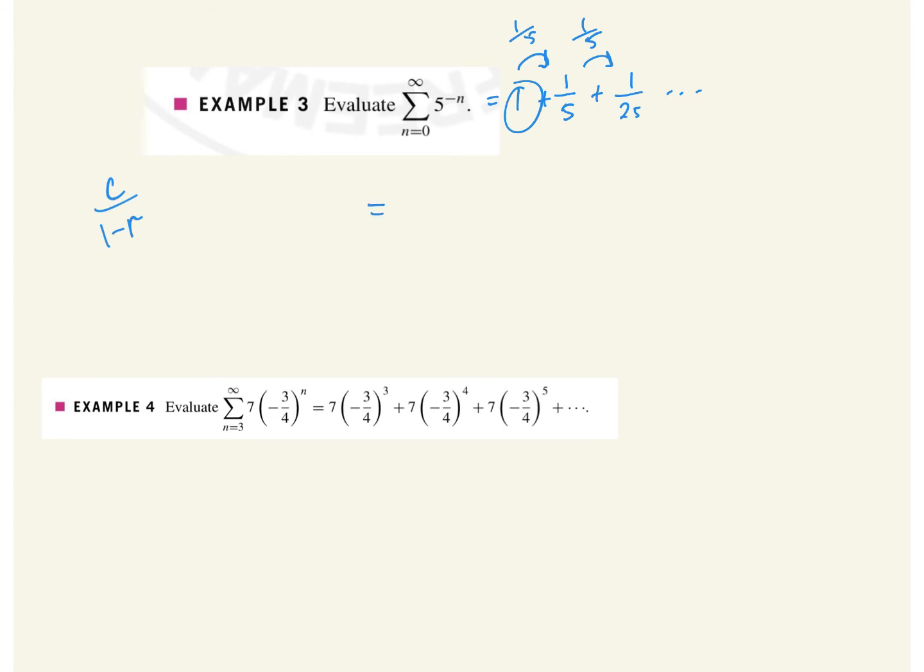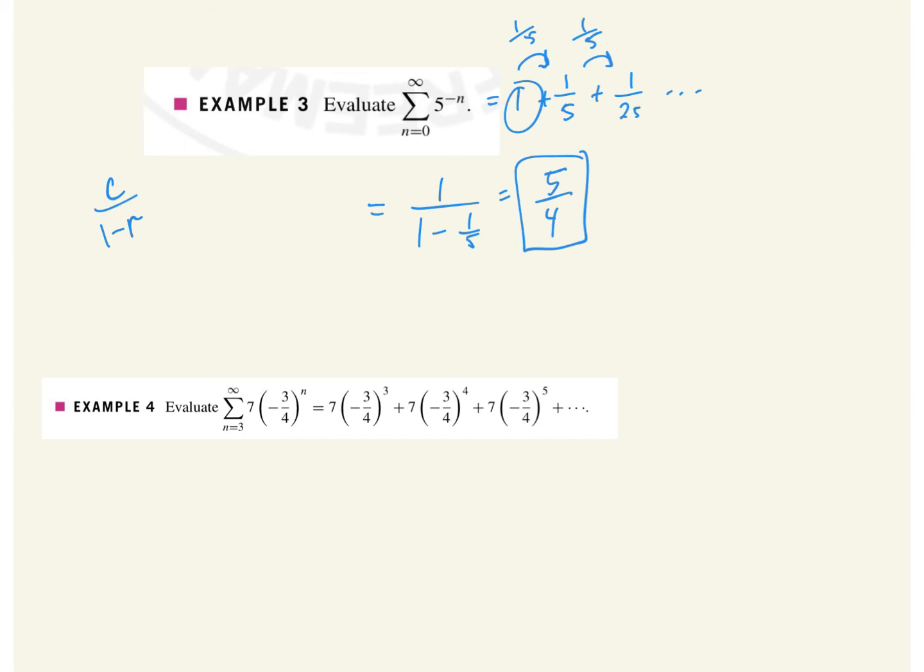So this answer is as simple as 1 divided by 1 minus 1/5, or you can write it as 5 to the negative 1. And here we would get 5/4. So if we continue to list out this sequence to infinity, the sum of that would end up being 5/4.